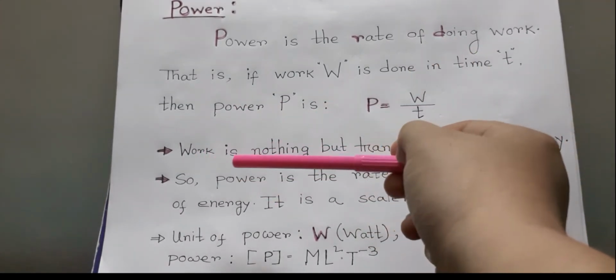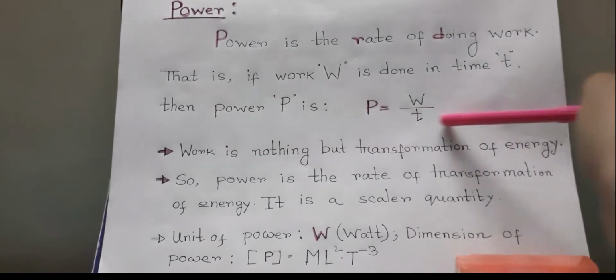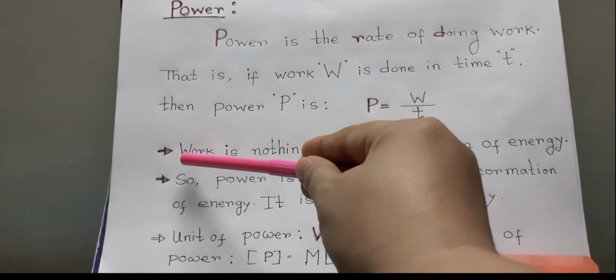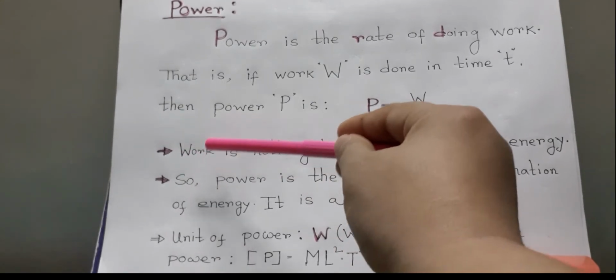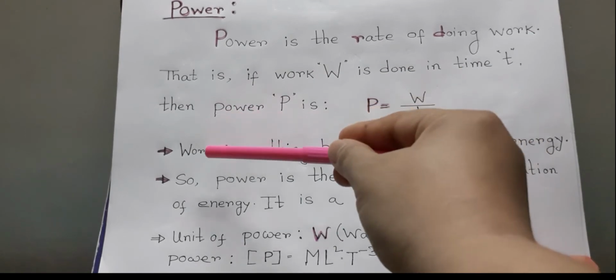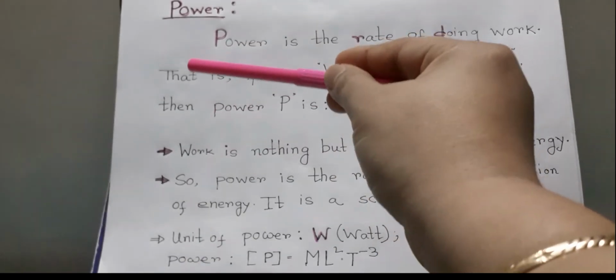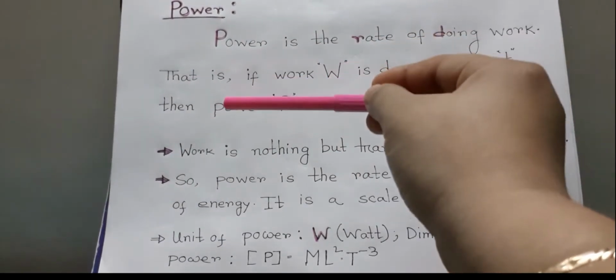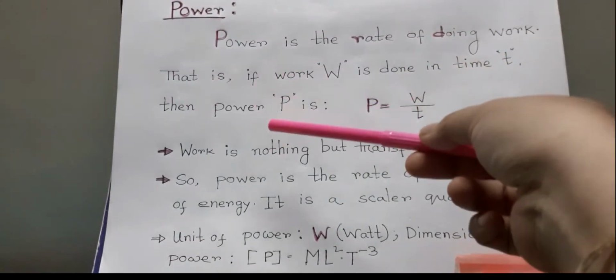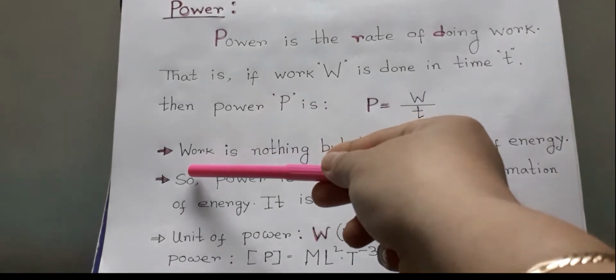Now I am explaining the transformation of energy. What is work? It is clear because W equal to Fs. We know that if a force is applied on an object and the object moves or traverses a distance due to the force, it is known as work.